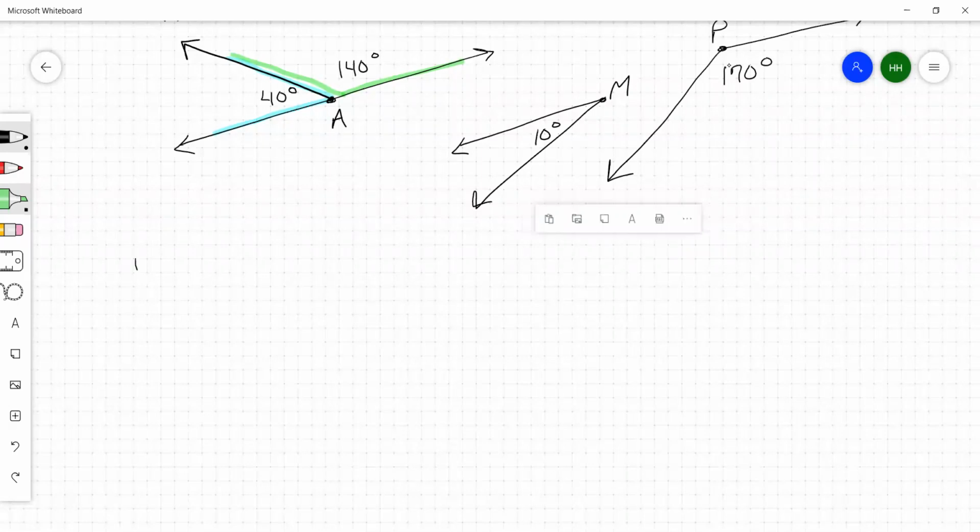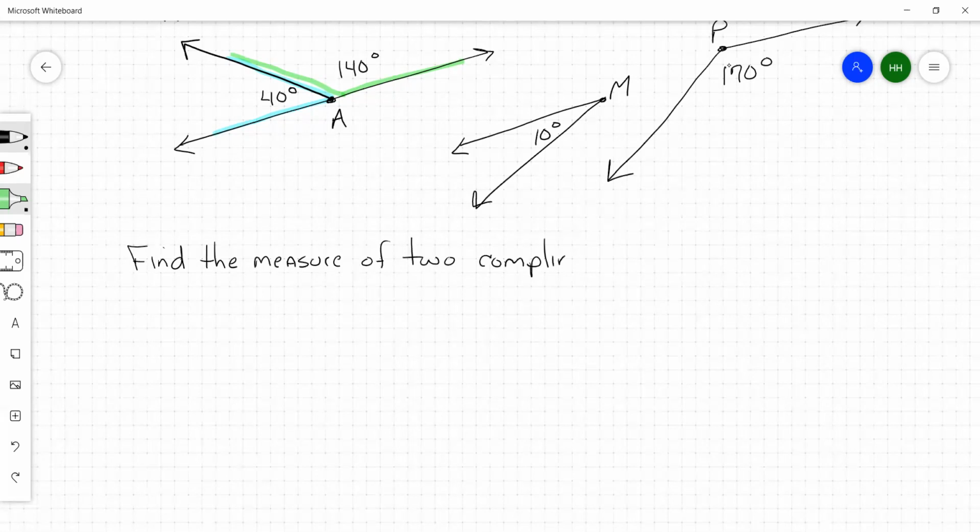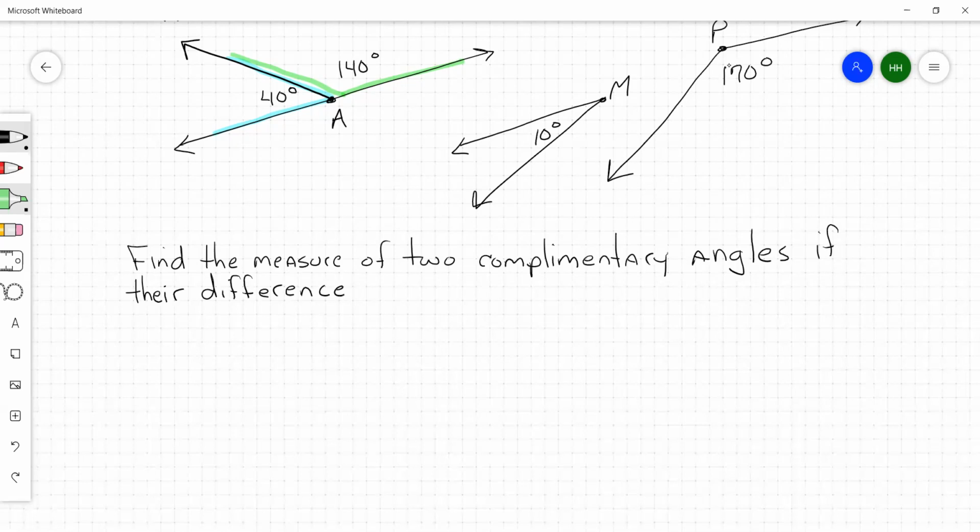We are going to find the measure of two complementary angles if their difference is 18.